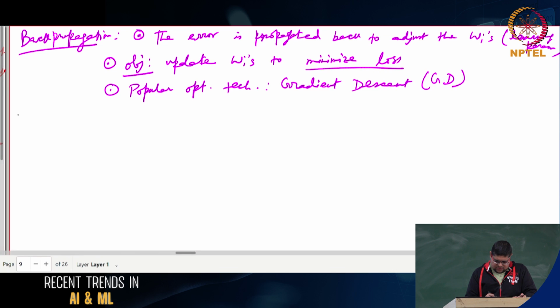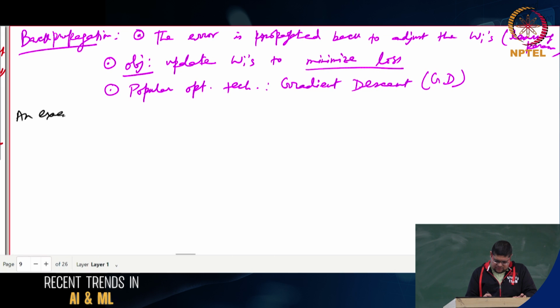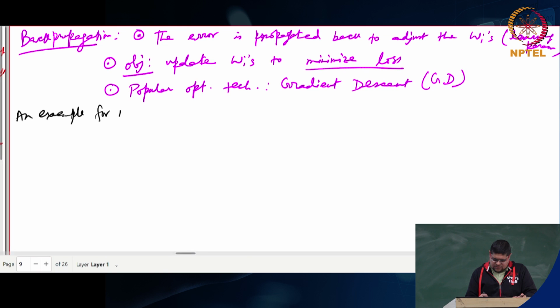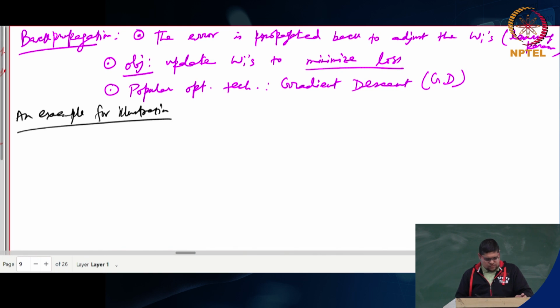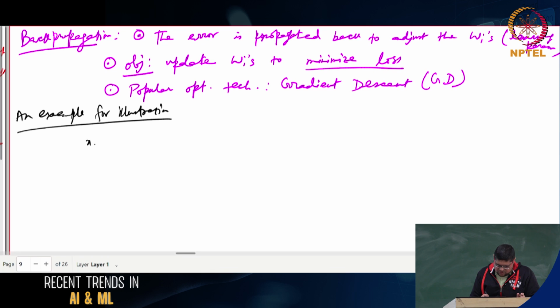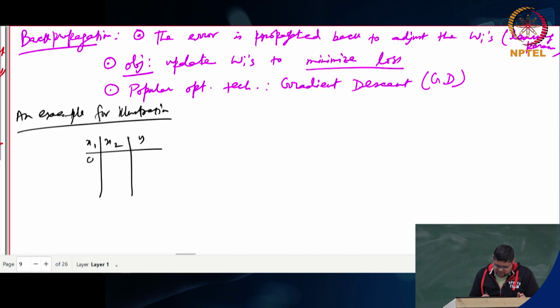We'll learn the Boolean OR functionality. I believe everyone knows Boolean OR.